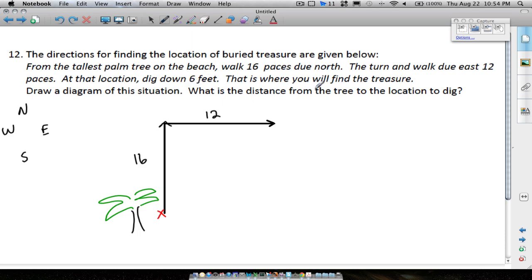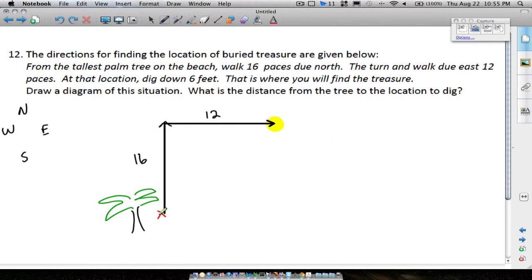Now, reading the problem, we want to draw a diagram, which is what I started to do. What is the distance from the tree to the location of where we need to dig? So the treasure is right here. Now, yeah, we have to dig down 6 feet.